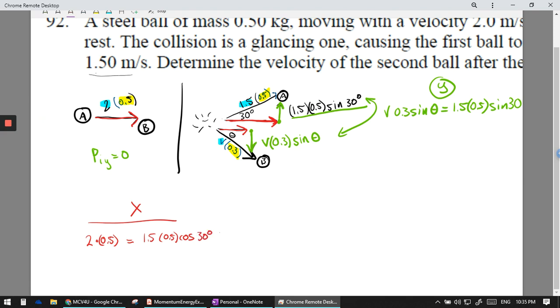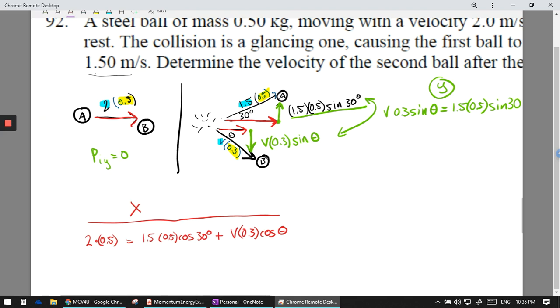And that other red vector is going to be v times 0.3 times the cosine of another unknown angle. Okay, well, it's okay. We'll be all right. We can solve for these things. And now we're going to do a little bit of algebra here and solve for this stuff.